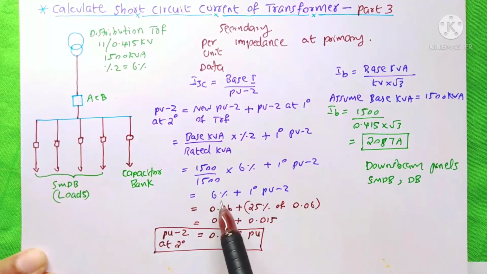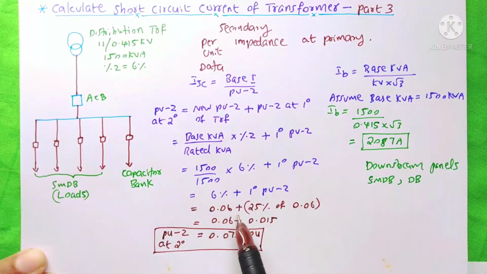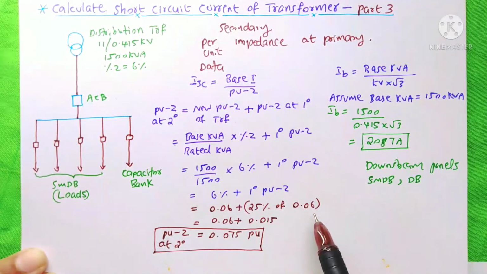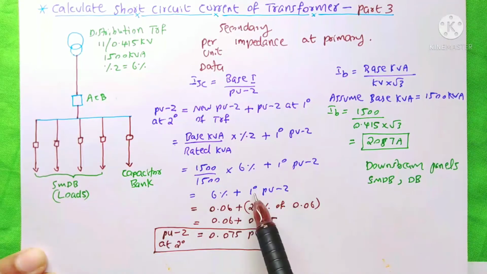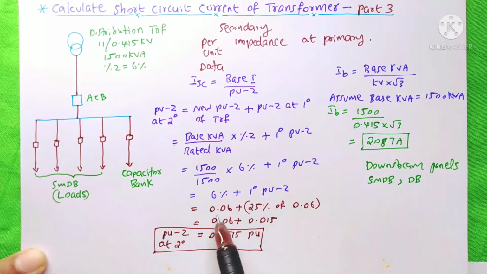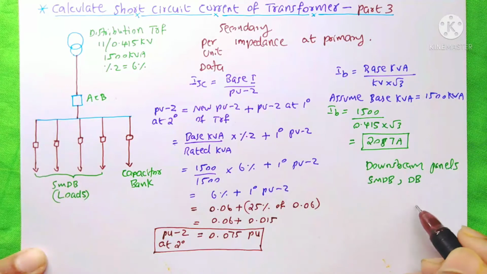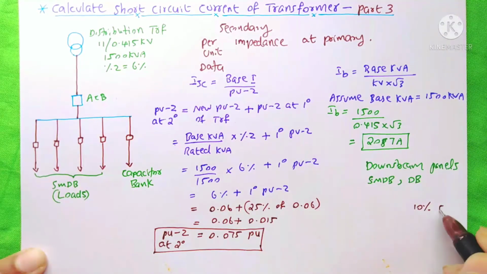And here 6% means 0.06 plus 25% of 0.06. This value is for the primary per unit impedance. For this primary per unit impedance, I considered 25% of this impedance. Why did I consider 25%? Why not 10% or 50% or 200%?